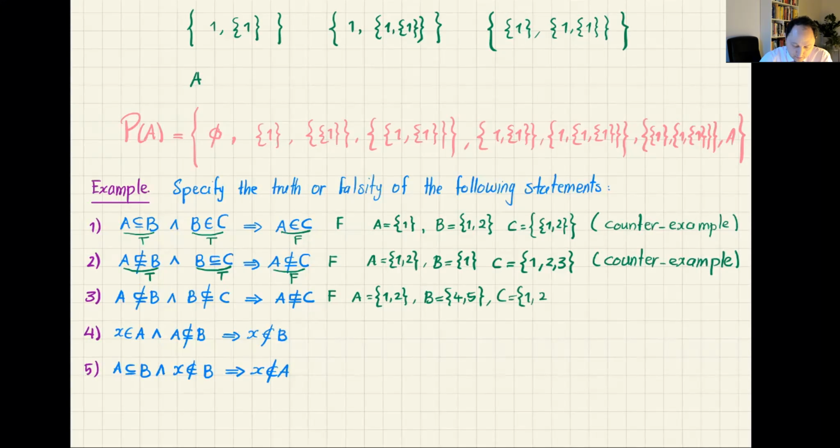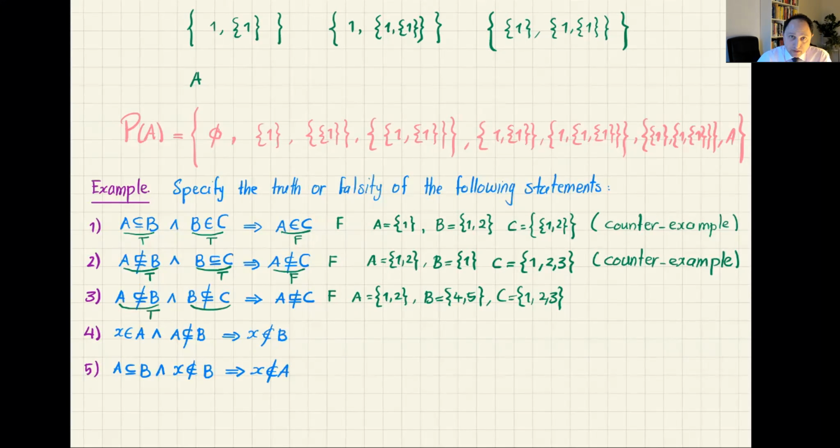Thank you very much. Yes, let us check. A is this set, B is this set. Is this respected? Yes, because there is at least one element in A which is not in B. Of course, none of the elements of A are in B. So that is true. What about this one?